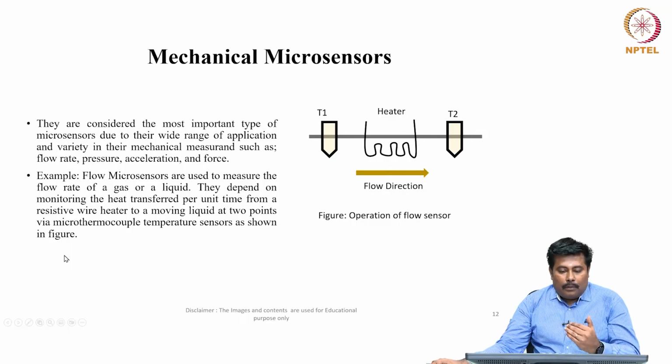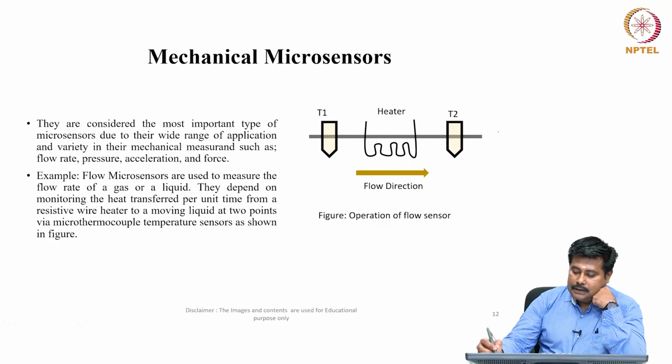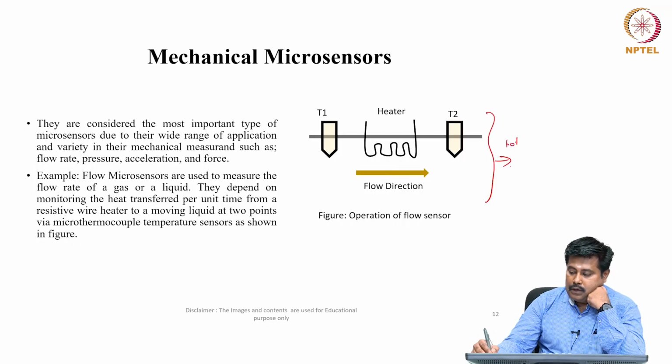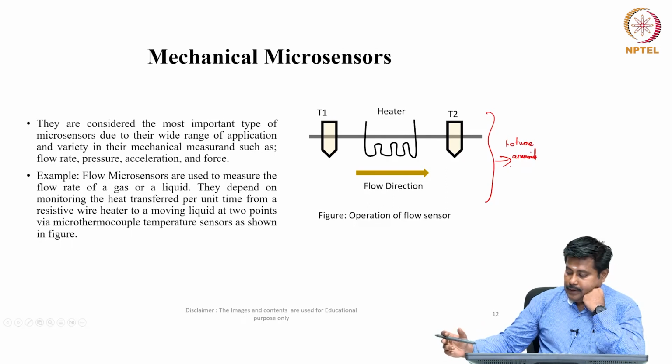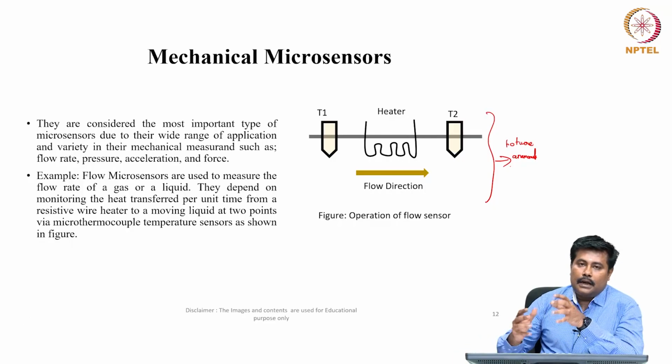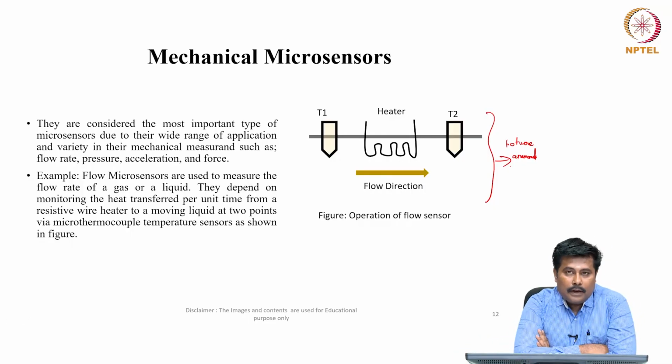Now, let us talk about a mechanical microsensor. On a larger scale, these systems are called hot wire anemometers. These systems are considered to be the most important type of microsensor due to their wider range of application and variety in mechanical measurement, such as flow rate, pressure, acceleration and force.